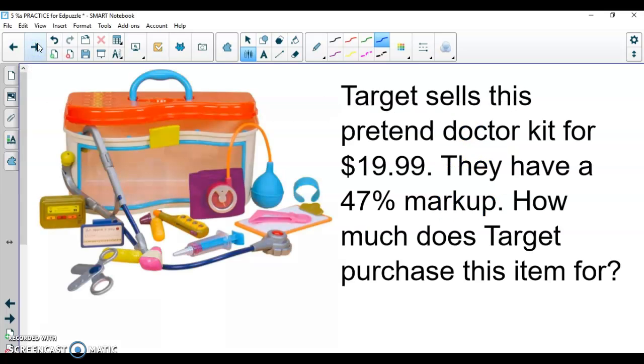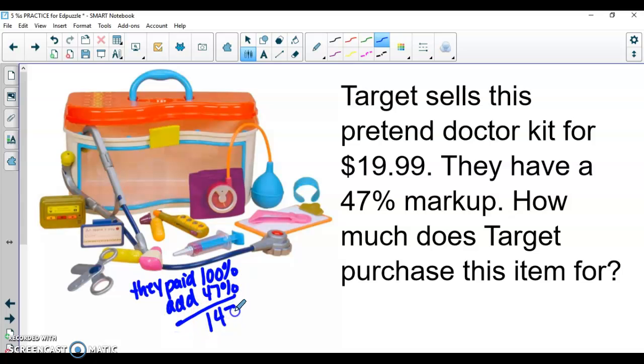Next example, this one is working backwards, which is what we just talked about in class. So grab your notes before you try to attempt this one. Target sells this pretend doctor kit for $19.99. They have a 47% markup. How much does Target purchase this item for? So remember, they are doing 147% of what they paid for it because they paid 100% for the item, and they add the 47% markup.